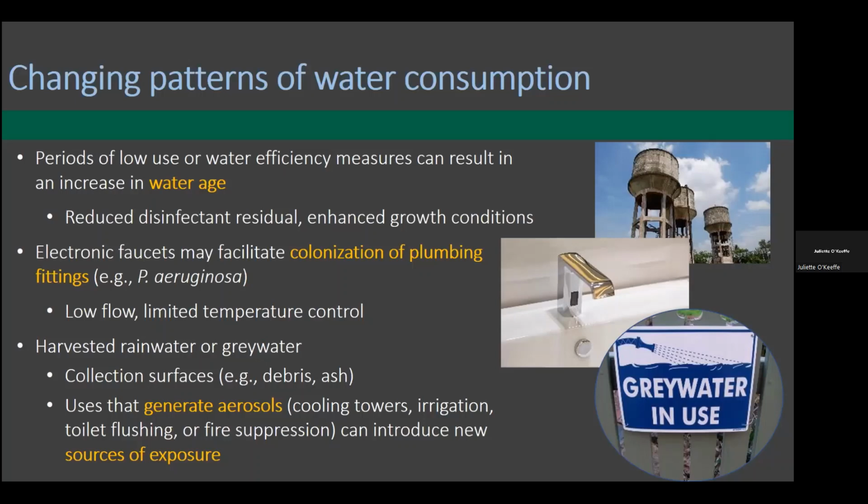And you do see growth in this water. If there's an opportunity for it to be aerosolized, that can be a point of exposure. Whether that's used in cooling towers, irrigation, toilet flushing, etc., those could be new sources of exposure. So we need to be aware of both the safe collection and treatment of that water, as well as how and where people are being exposed.